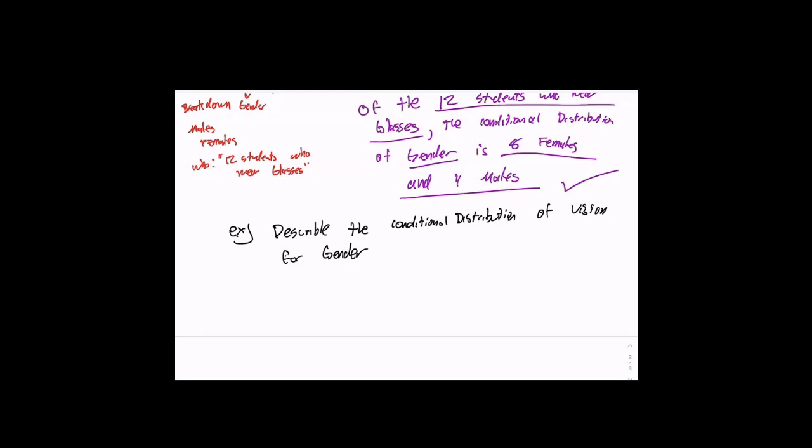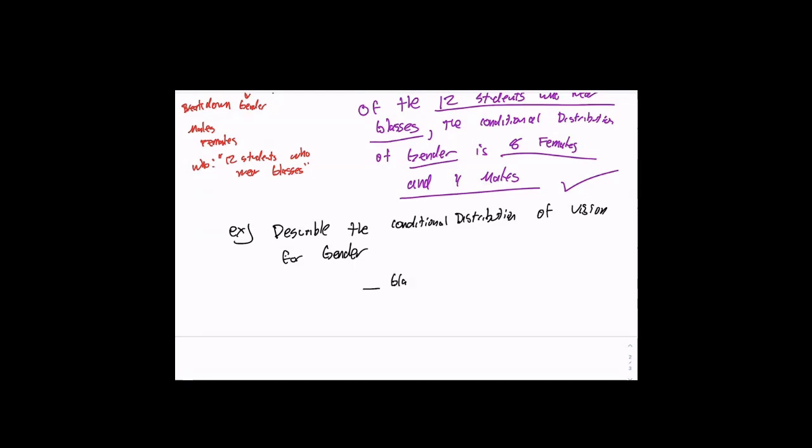Read the sentence. The distribution of vision. It's right there in one sentence. So don't overthink that part. We're looking at the distribution of vision, which means my answer should say something like blank glasses.